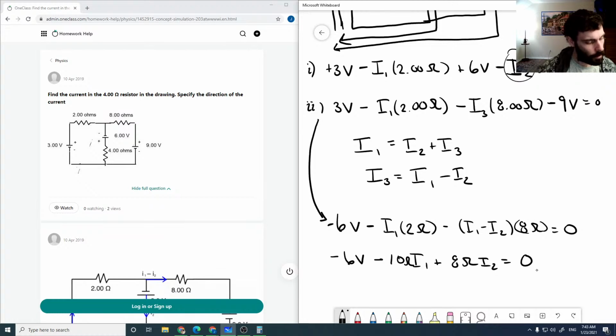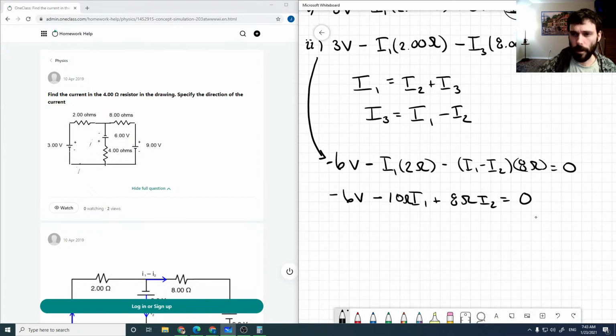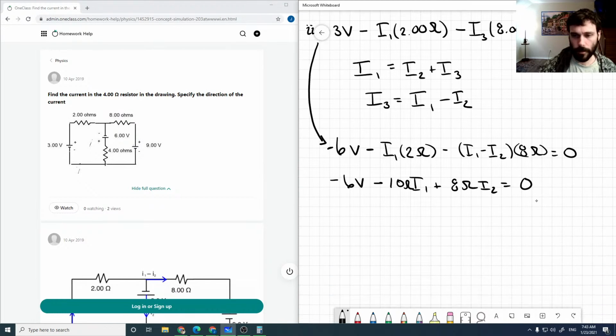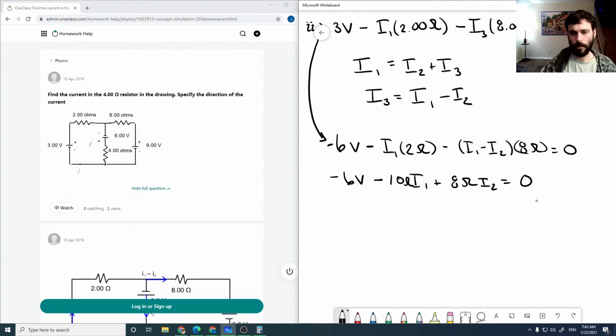So we can solve now for our I1 in terms of our I2. We can bring the I1 to the other side and then divide it all by 10. So I1 is minus 6 volts over 10 ohms plus 8 ohms over 10 ohms I2.